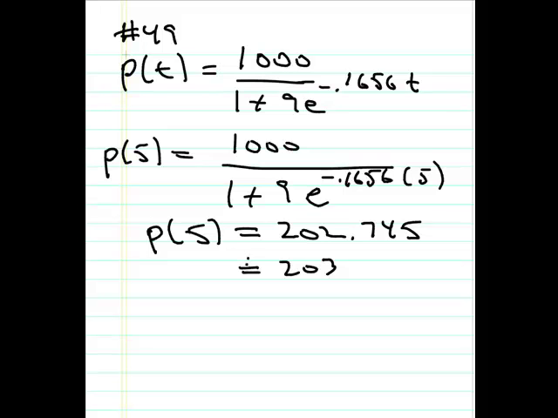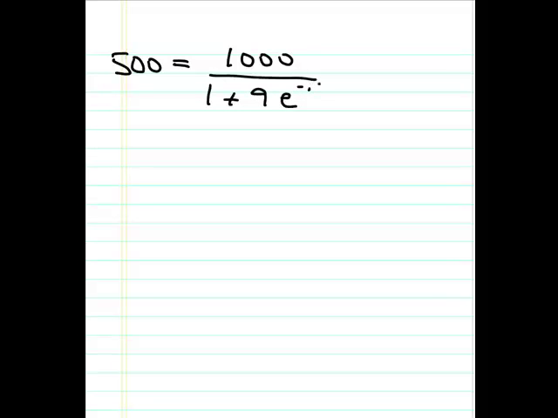Okay. The second part asks: use a graphing utility, or after how many months will the population be 500? So we will be setting that equation equal to 500. So 500 is equal to 1,000 divided by 1 plus 9e to the negative 0.1656 times t.